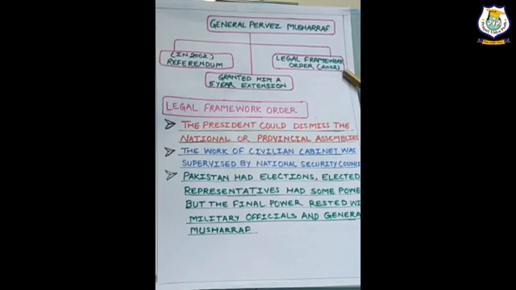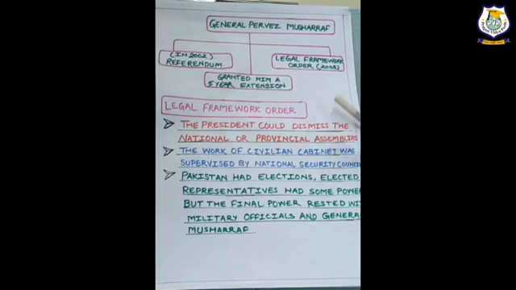So now the question arises, what is the Legal Framework Order? By this Legal Framework Order, General Pervez Musharraf announced that the president could dismiss the national or provincial assemblies. The work of the civilian cabinet was supervised by the National Security Council.